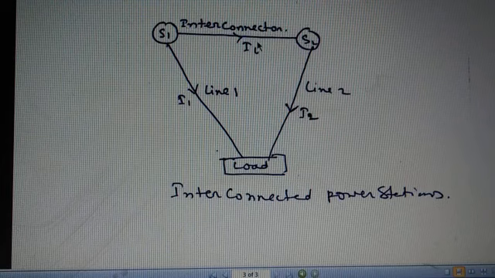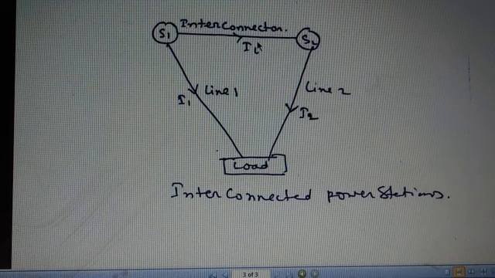In order that the total current in lines 1 and 2 be a minimum, it is necessary that they should have reactive components equal in each transmission line and in the interconnector.